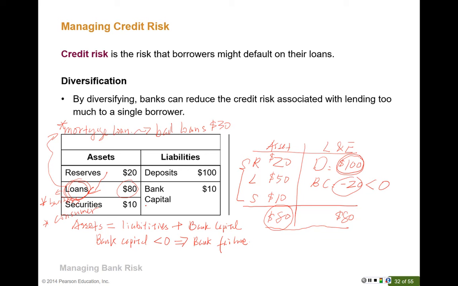As a bank manager, they need to be very careful. Do not concentrate loans in one area or one specific category. They need to diversify, because diversification can reduce the credit risk, and eventually reduce the risk that the bank will fail.